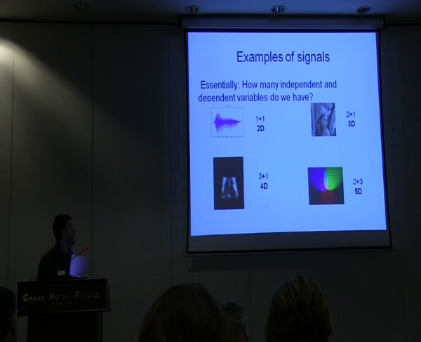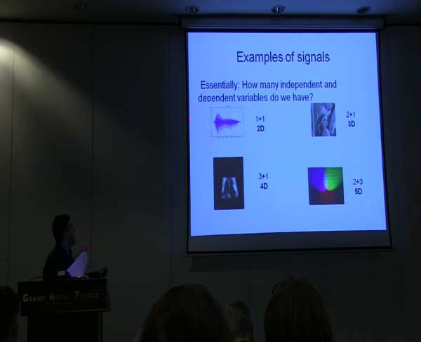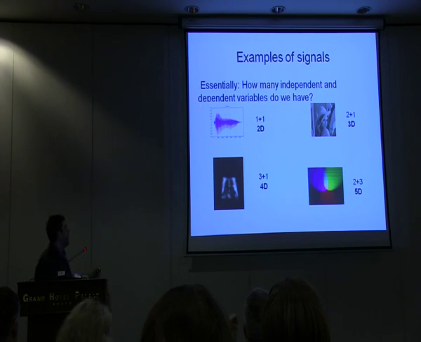In this slide we see characteristic examples of some signals. For our purposes, we count both the independent variables and the dependent variables as the number of dimensions we have. So here we have an audio signal which has time and intensity for a total of 2 dimensions.